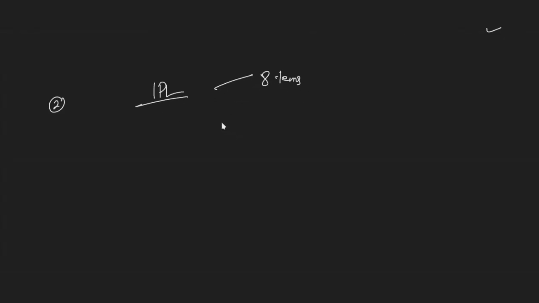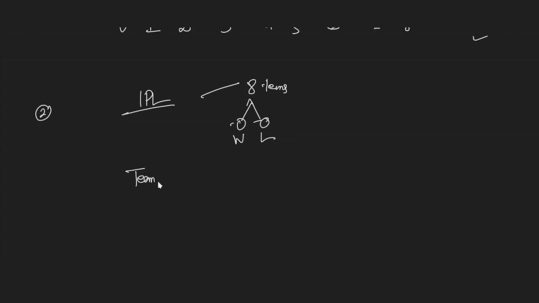Every team can either win or lose in a game, so there are two options, either win or lose. We take a particular team, team A, which may be any of your favorites. Suppose 14 matches are played in the initial round. So here n equal to 14, and we are interested in the number of wins: 0 wins, 1 win, 2 wins, up to 14 wins, if the team is strong enough.